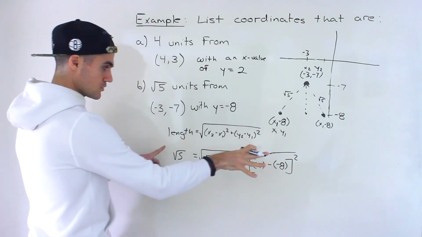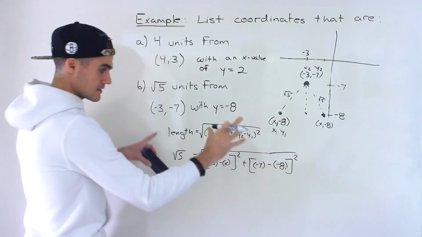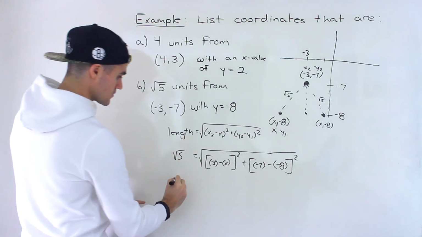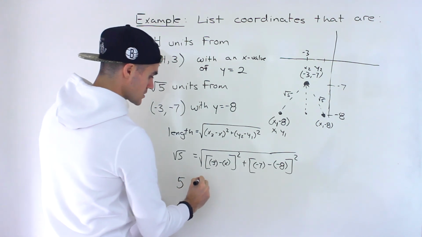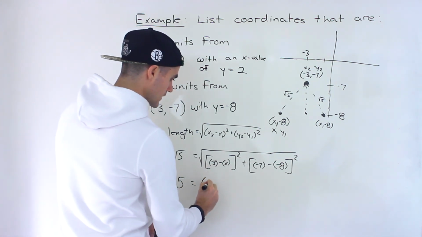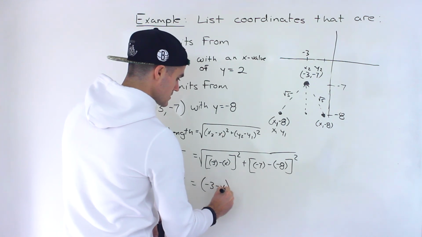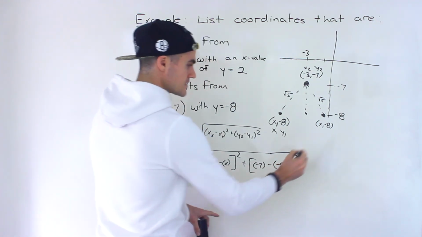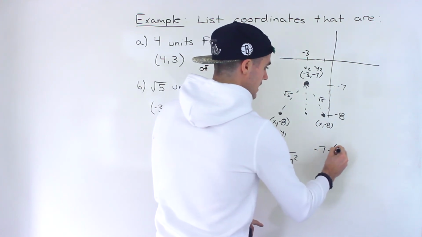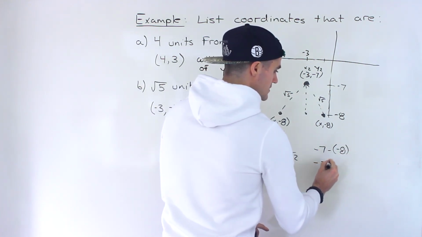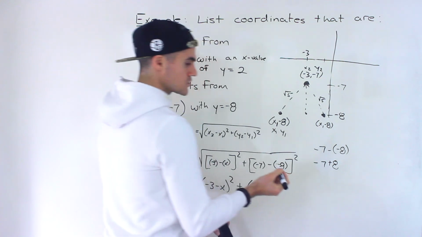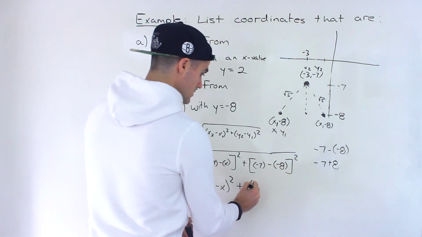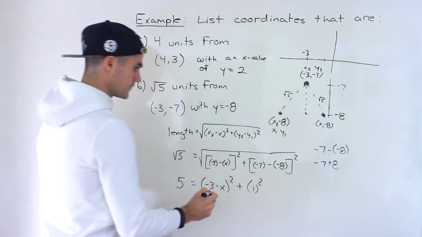So notice the square roots. We square this side, both square roots go away, so we end up with just 5 equals (negative 3 minus x) squared. Let's leave it like that. And then over here, negative 7 minus negative 8 ends up being negative 7 plus 8, which is positive 1. So this would be positive 1 squared.